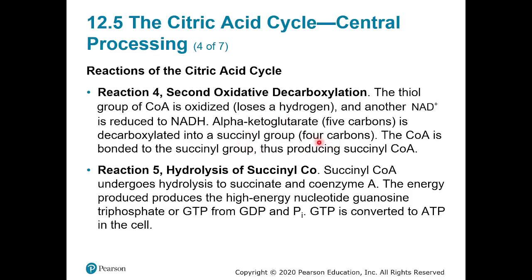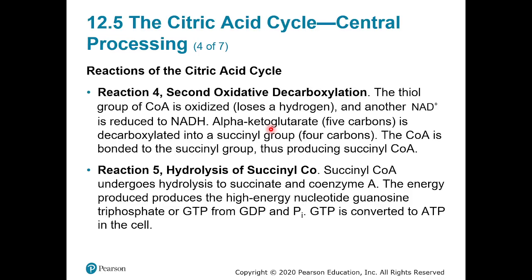Reaction 4, the second oxidative decarboxylation. This is that second one. Your thiol group, which is your coenzyme A, is going to be oxidized. It's going to lose a hydrogen. Another NAD plus is going to be reduced to NADH. And this is going to give you alpha-ketoglutarate, which is 5 carbons. You're going to have that decarboxylated into the succinyl group.